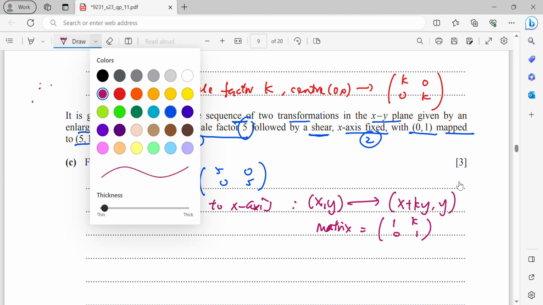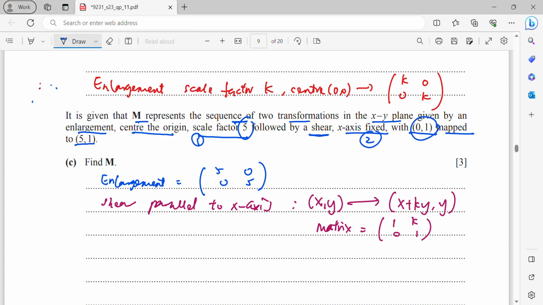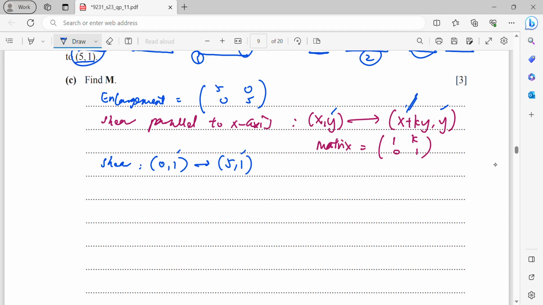Now our question mentions (0, 1) maps to (5, 1). So this is a shear, (0, 1) maps to (5, 1). The y remains. Then I will just use this formula, which means 5 equals 0 plus k times 1.